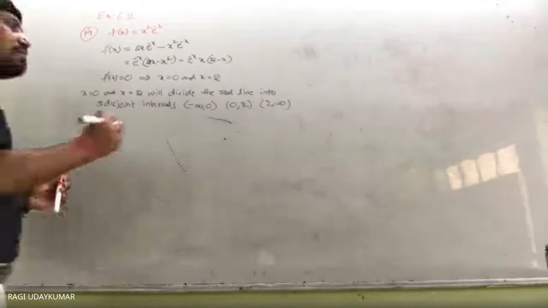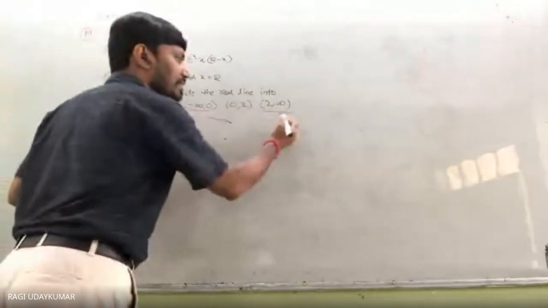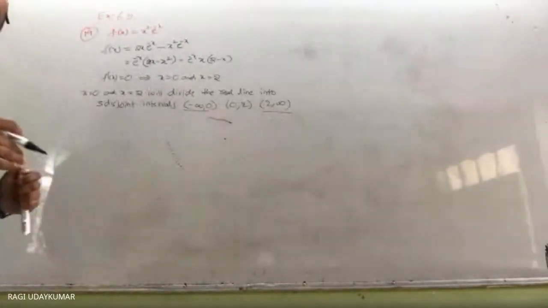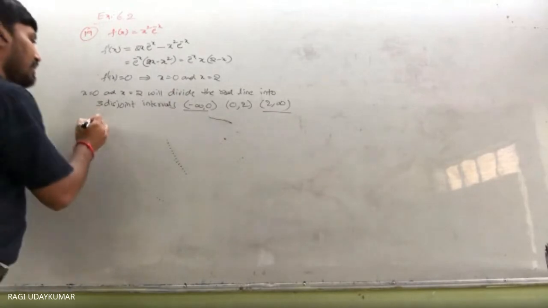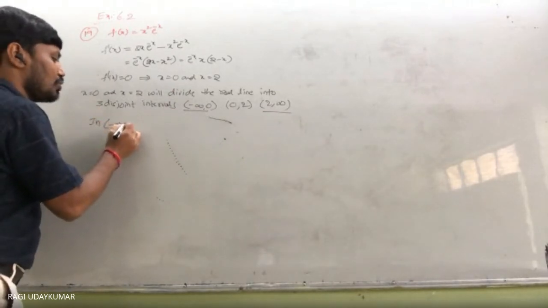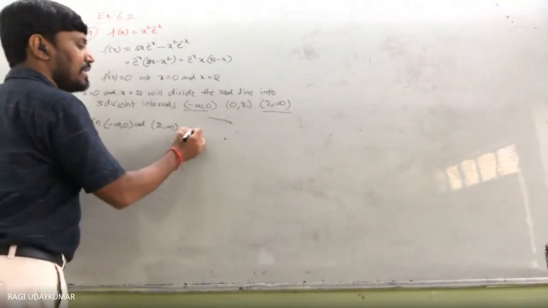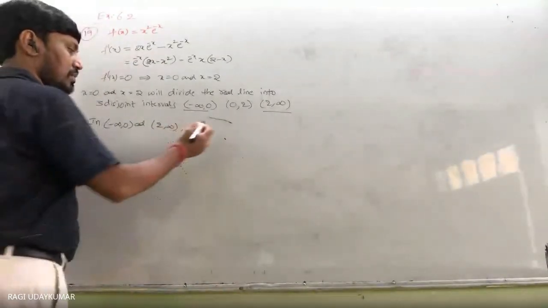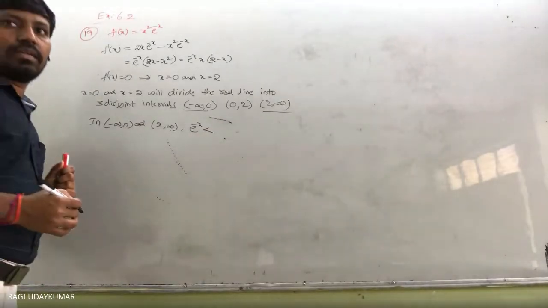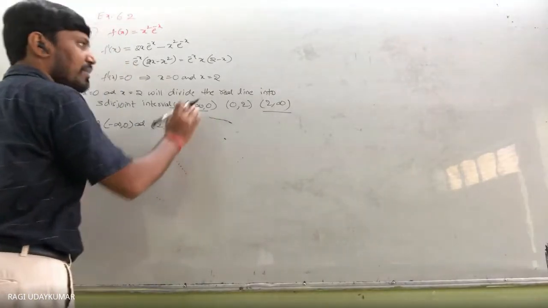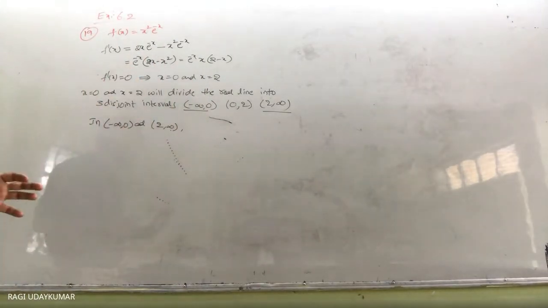So in the intervals minus infinity to 0 and 2 to infinity, f dash of x is always less than 0. e power minus x is always positive, whatever x value you take.